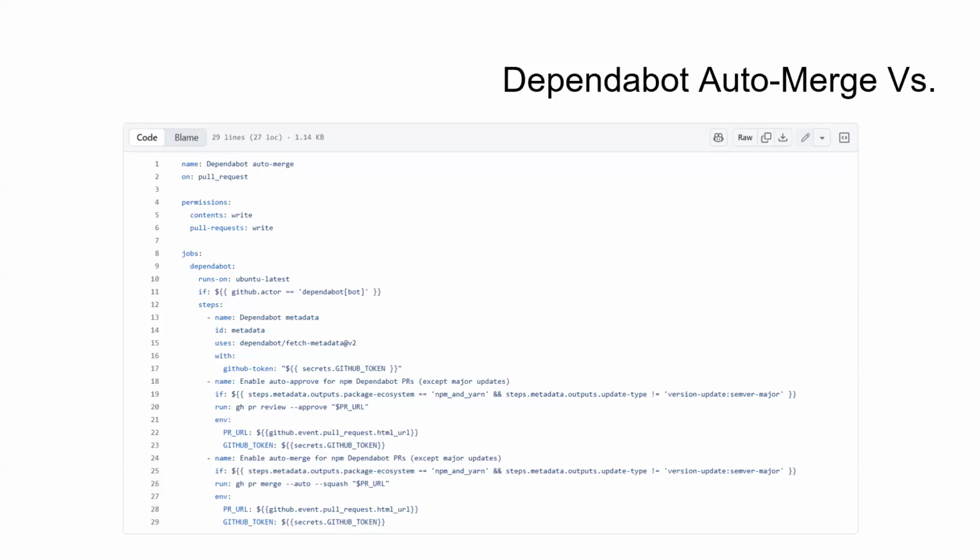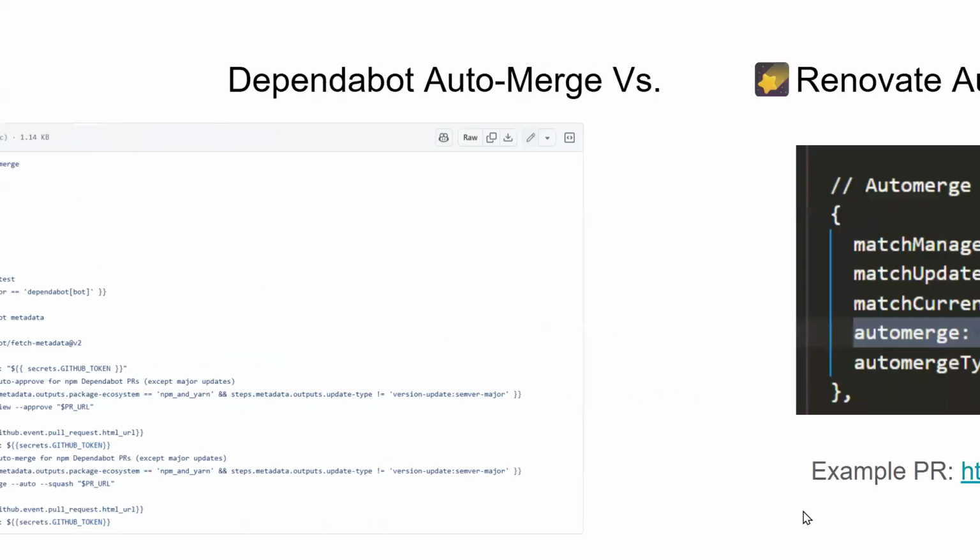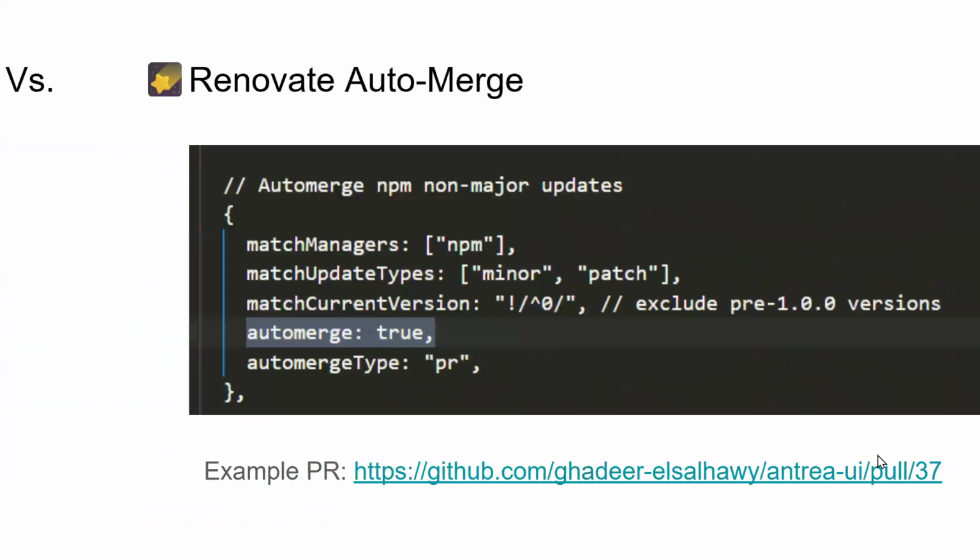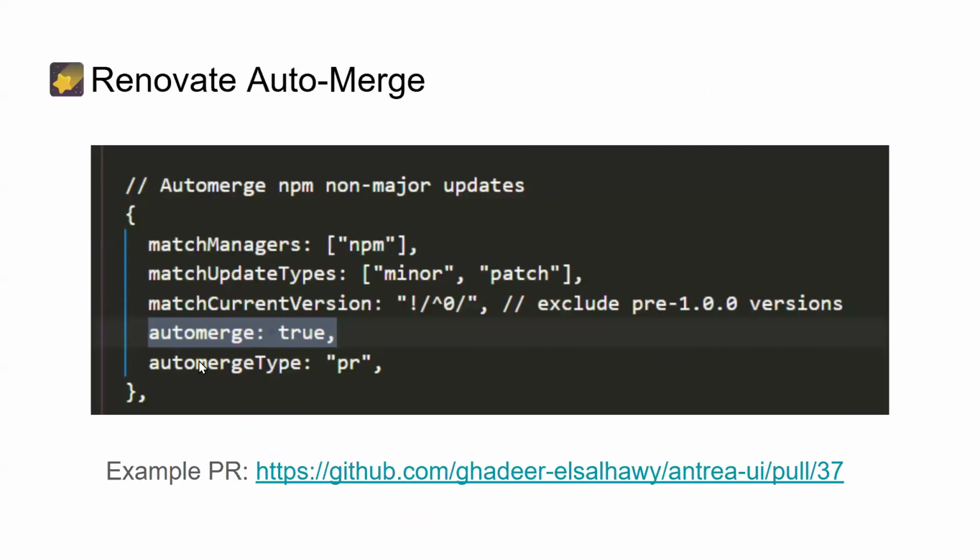So our workaround was using a separate workflow that's triggered once a PR is opened, and it does all these checks. On the other hand, when using Renovate, you can easily add the parameter auto-merge that will handle auto-merging these PRs, which reduces the layers of complexity.